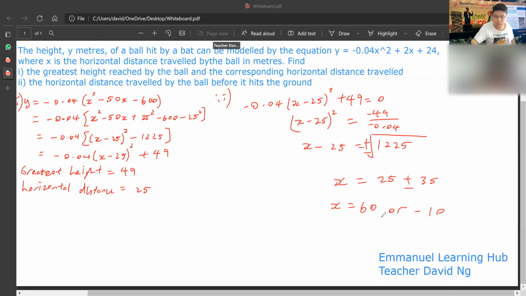So the horizontal distance is 60. It cannot be negative 10.